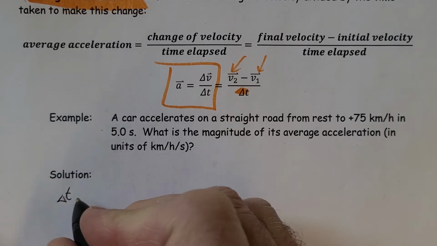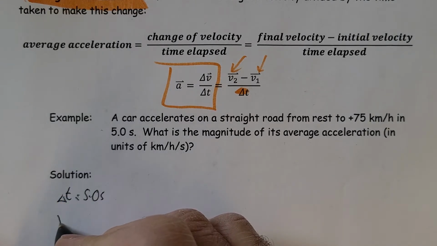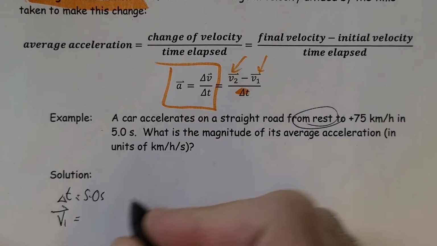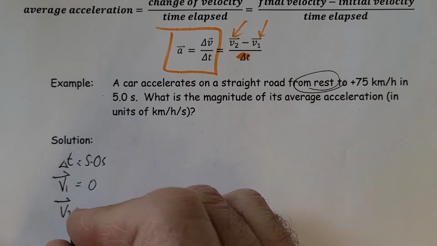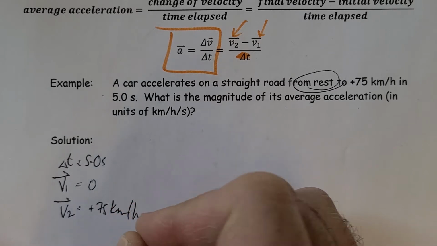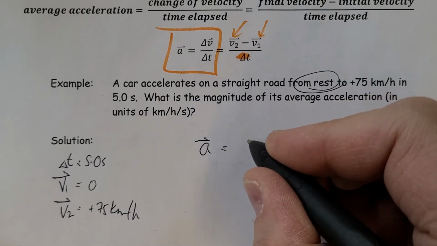So first of all, we know that time is 5 seconds. We know that v1, the initial velocity, we're told was rest. So that's simply 0. And the final velocity is plus 75 kilometers per hour. So we plug that in.